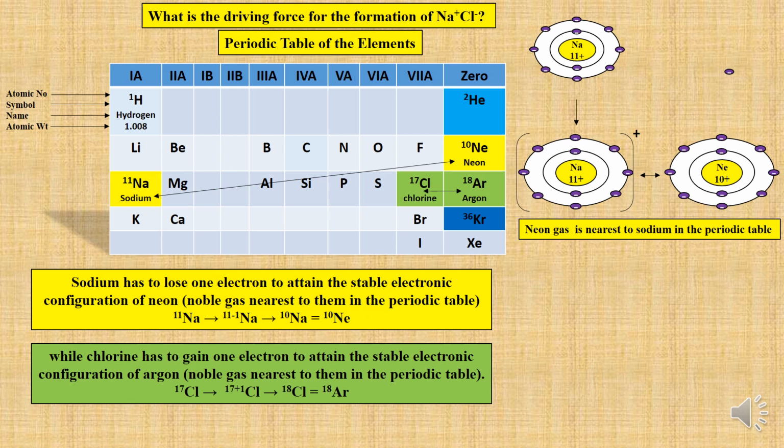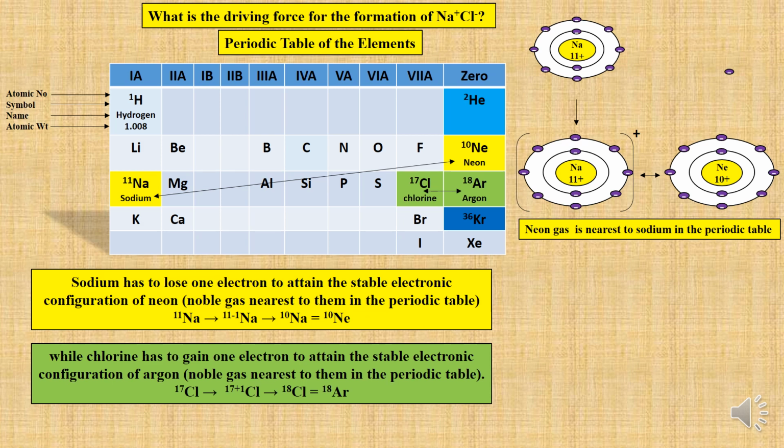It cannot attain the electronic configuration of krypton, because in order to do that it has to gain at least 18 electrons, which is again energetically unfavorable and a high energy demanding process. So the easiest way for chlorine to attain the stable electronic configuration of argon is to simply gain one electron given by sodium.